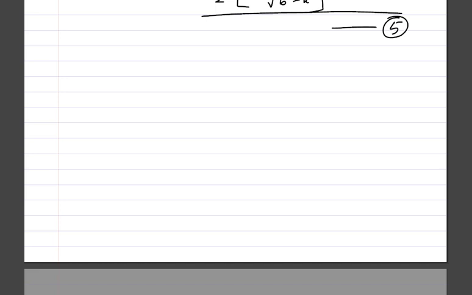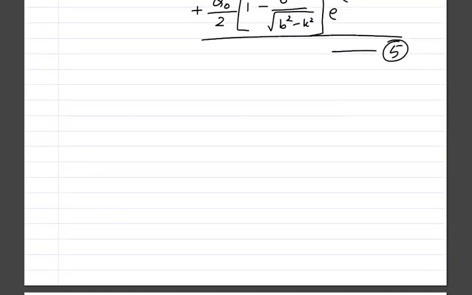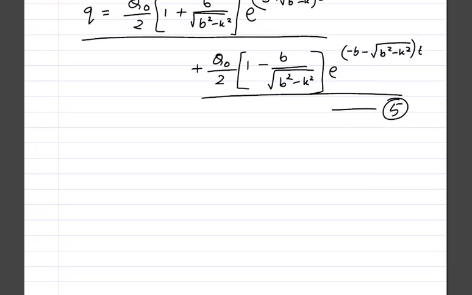Next we discuss different cases here, by comparing b and k, because that is the term. So comparing b and k, 3 cases.